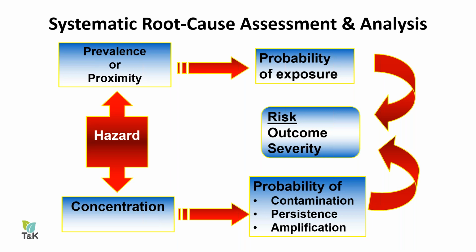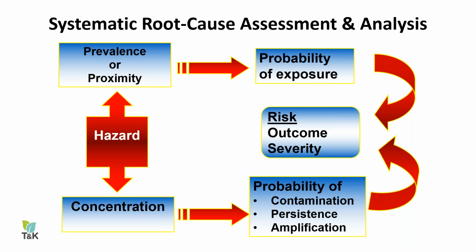So the hazard: both prevalence and proximity. It's not just how much is there, but how close you are to a particular hazard, and all of that becomes relevant. And the concentration, the quantitative aspects of the contamination, what would be likely.